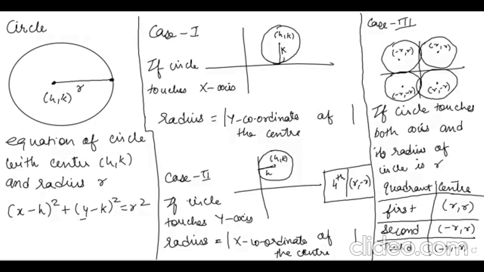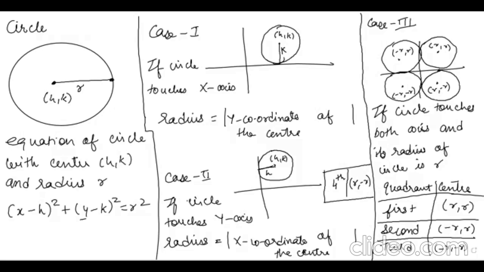My figure might go somewhat out in this, but you consider that this is just touching the y-axis, not going outside. Yes. So this is all about the equation of a circle.